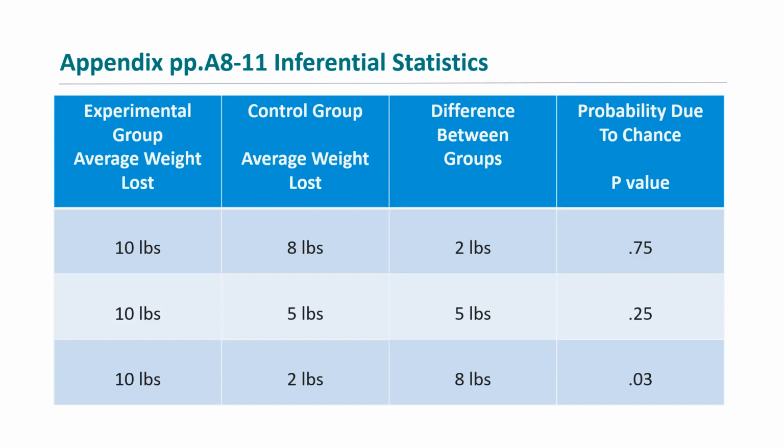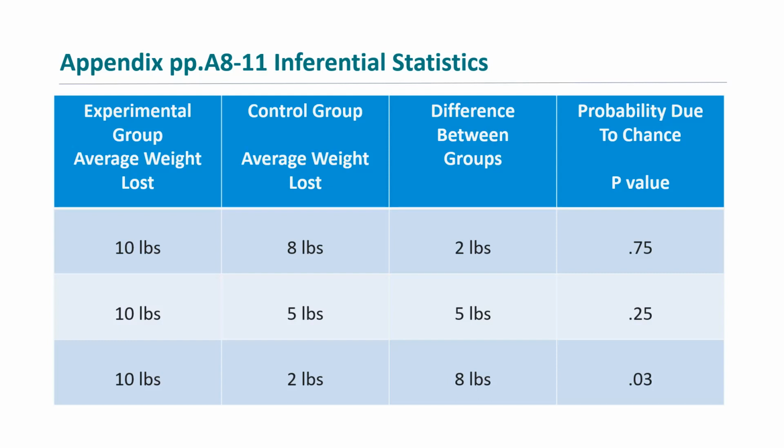What's the probability of finding a 2 pound difference if my pill had no effect? Well, 2 pounds isn't a lot. Even if my pill didn't do anything, it's quite likely that one group's going to lose 1 or 2 more pounds than the other group. And so it turns out to be a very high p-value, 0.75.